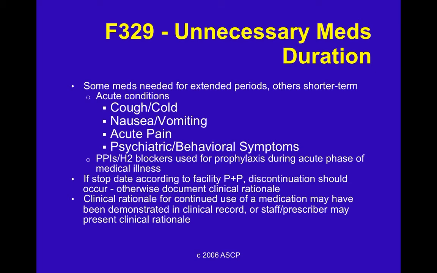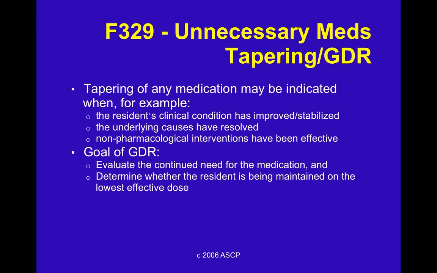If they're only for an acute phase, or they were put on in the hospital maybe for stress ulcer prophylaxis, we know PPIs and H2 blockers have been shown to increase the risk of C. diff in nursing home residents. PPIs and H2 blockers have been known to affect appropriate absorption of nutrients like B12. Sometimes facilities may have policies and procedures for stop dates, like antibiotics, so we always need to evaluate the clinical rationale for these acute meds and their duration.